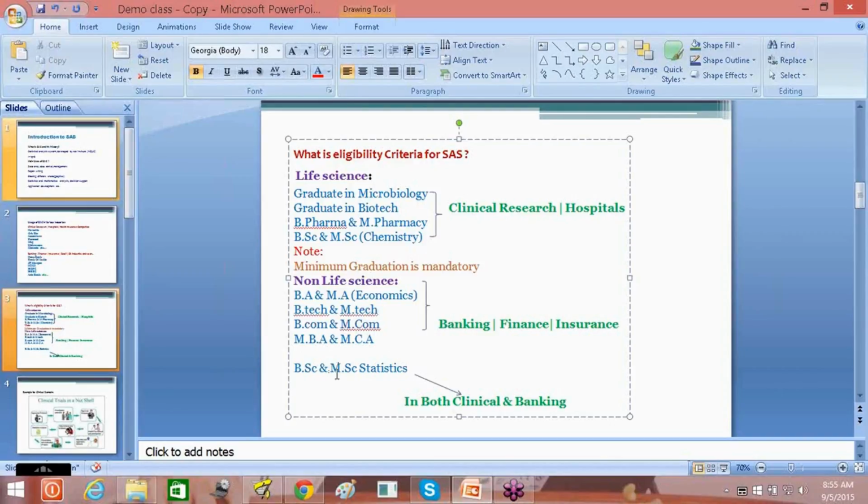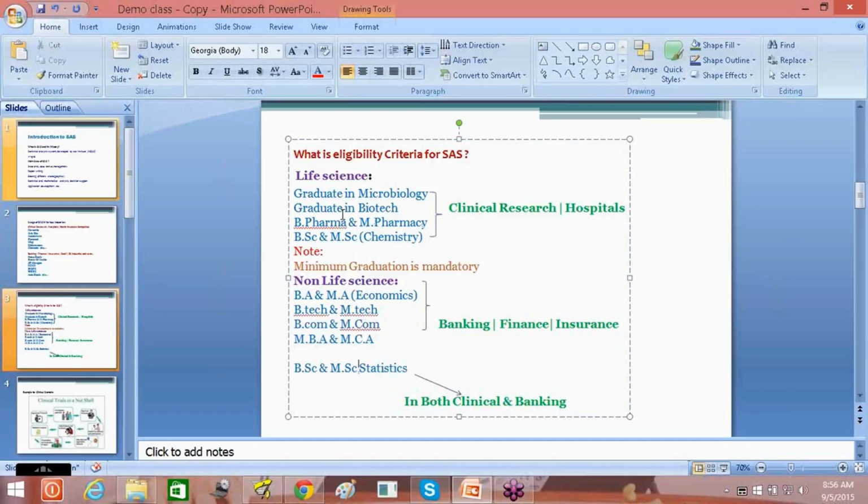And coming to this third category, BSc statistics and MSc statistics, these people can go to any industry, clinical or banking. Why? Because these people will prepare some documents. They can also generate reports as SAS programmers, but the initial thing is that they prepare documents.